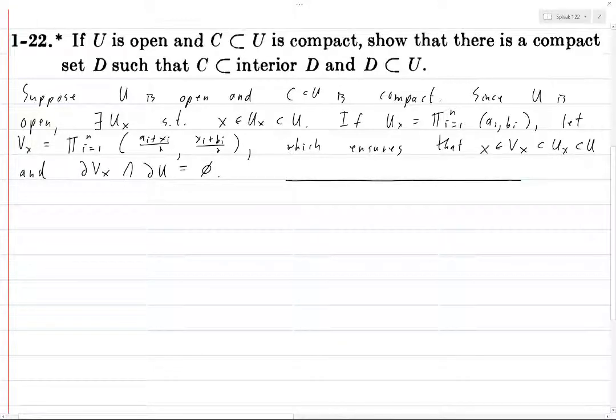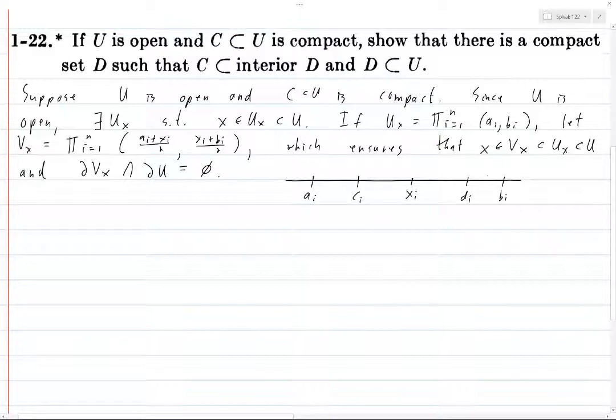For each i, we've got xi, then we've got ai and bi, and then the midpoints, which I'll call ci and di. So ci is going to be ai plus xi over 2, and di is going to be xi plus bi over 2. It's not quite in the middle, but whatever.